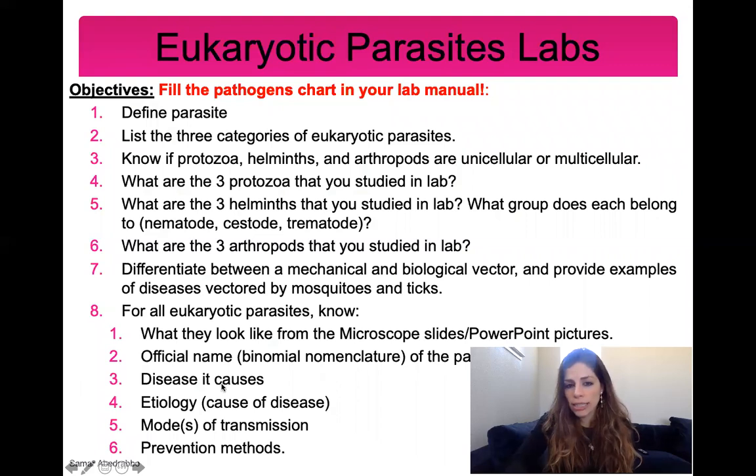The disease it causes is malaria. Etiology is it's a protist, protozoa. Mode of transmission is a mosquito. Prevention method, avoid the mosquito. So go through each one and know this, and I hope you guys really take time studying this, and good luck with this.